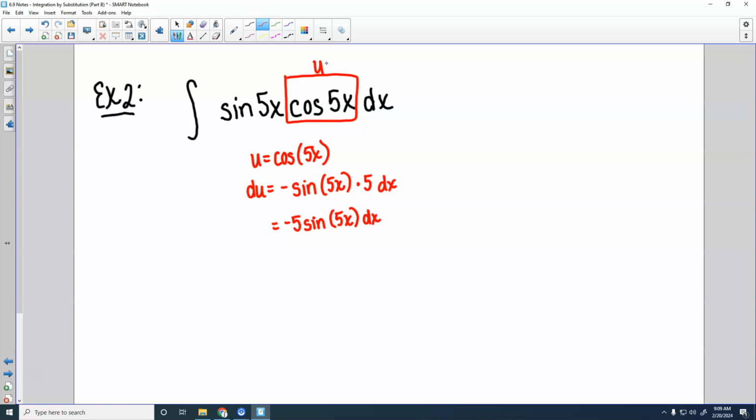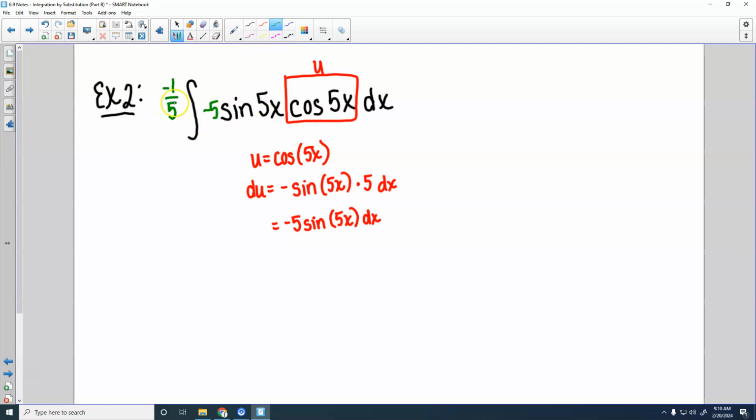Do we have negative 5 sine 5x dx? We got sine of 5x, so the only thing we're missing is the negative 5, and that's okay because we can multiply in a coefficient, right? So we could put a negative 5 right there, as long as we put what on the outside? Negative 1/5. Right?